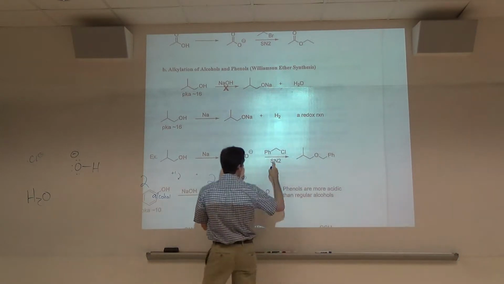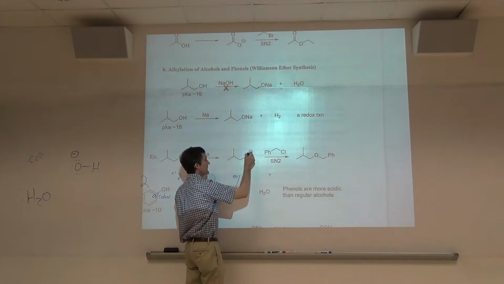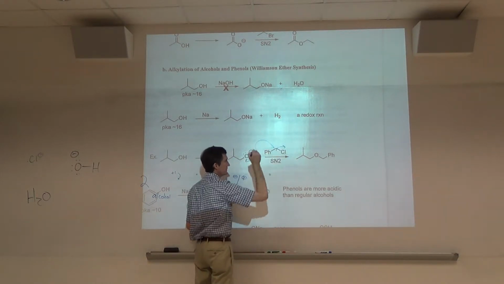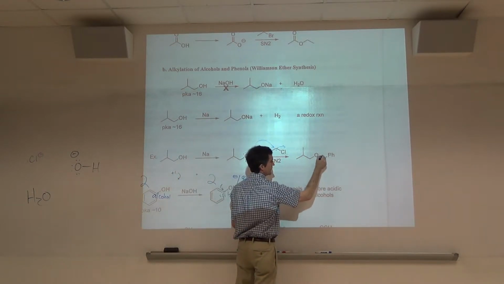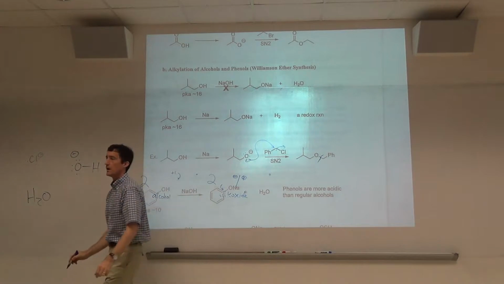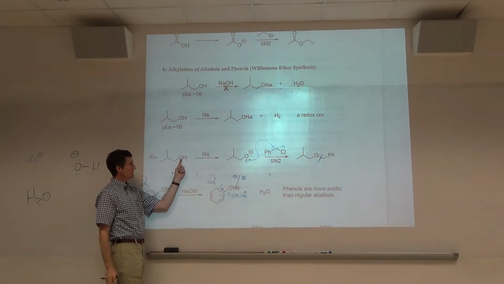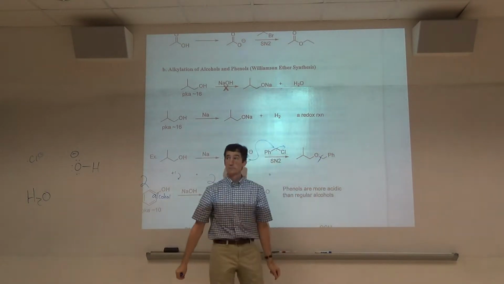Once we make it, now we can throw in a carbon with a leaving group. And now we're off to the races. What can we do? Kick off the leaving group. The O can now become bonded to the CH2 with a phenyl, and we make that bond. What do we do overall? Oxygen has 1 alkyl group. Now it has 2.